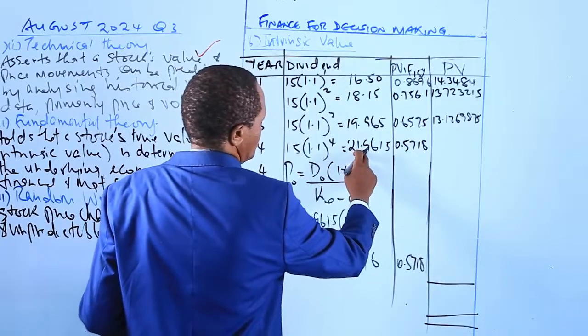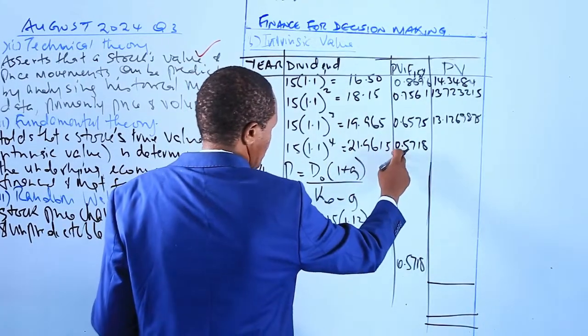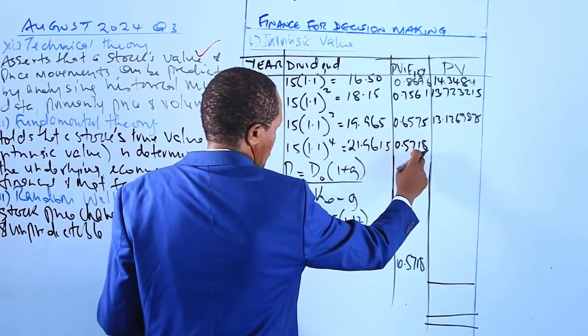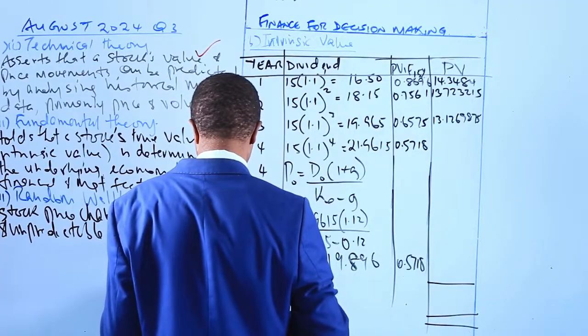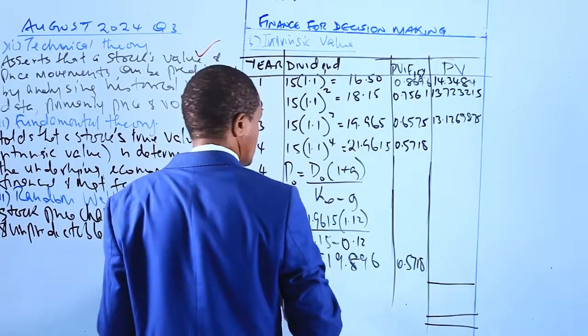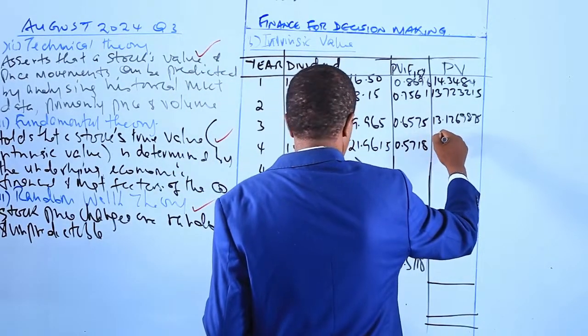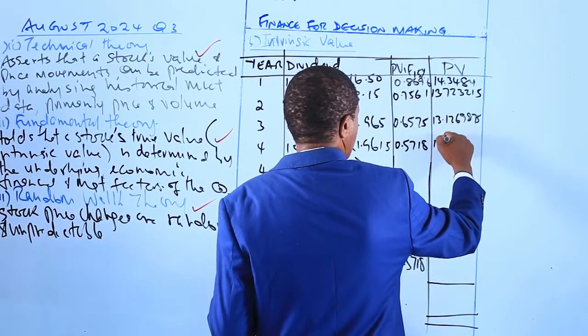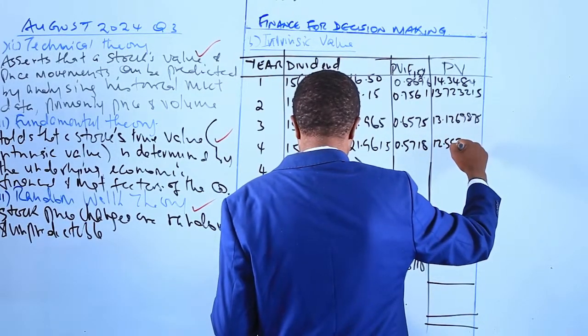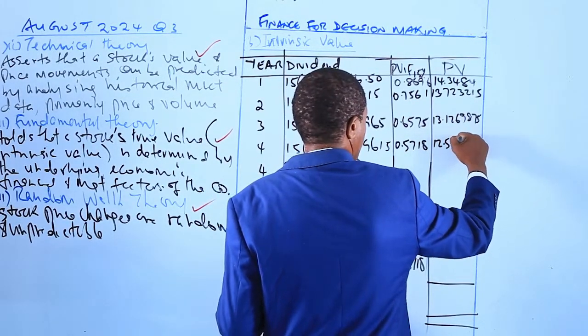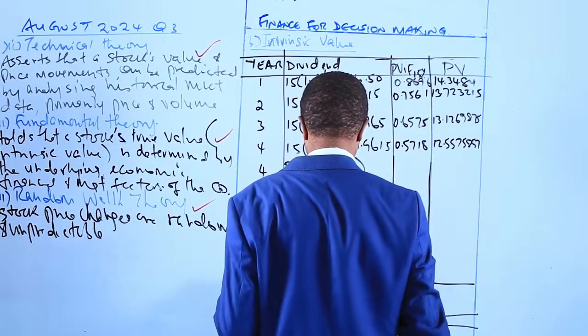Then we have 21.9615 times 0.5718, which is 12.5575857.